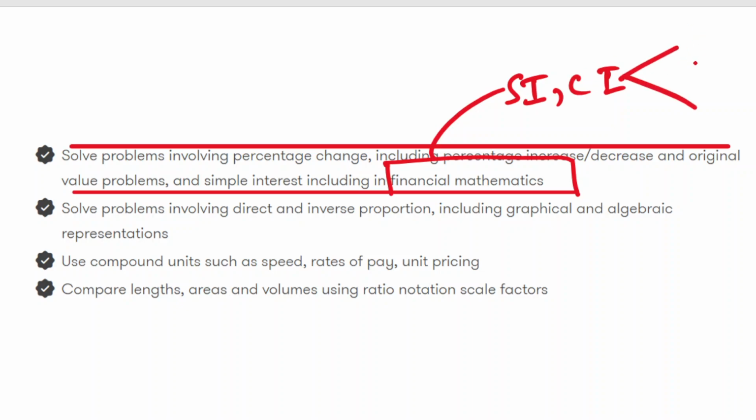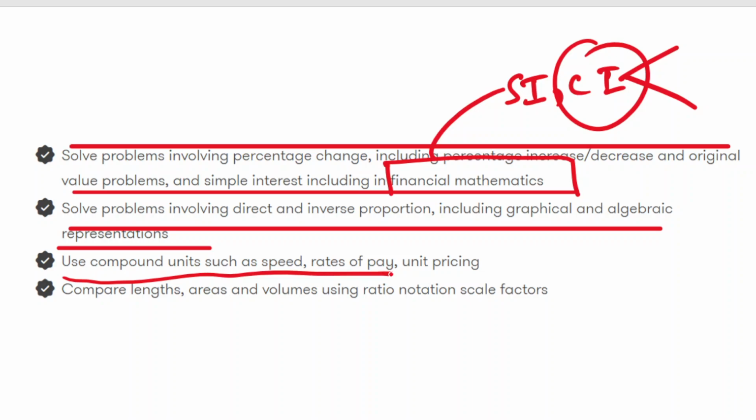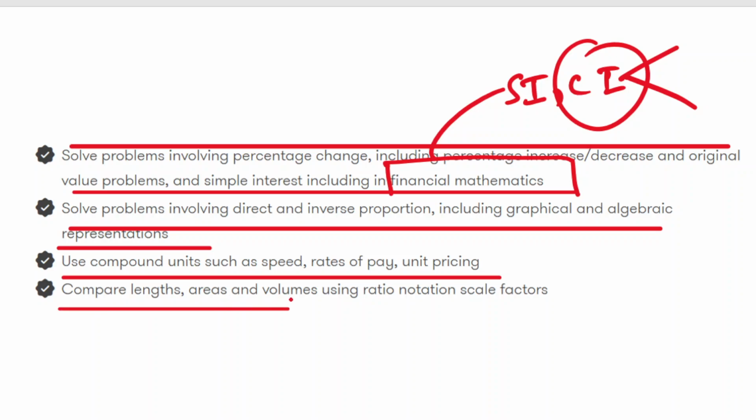And when a population increases or decreases, we use compound interest. Solve problems involving direct and inverse proportion, including graphical and algebraic representations. Use compound units such as speed, rates of pay, unit pricing. Compare lengths, areas, and volume using ratio notation and scale factors.